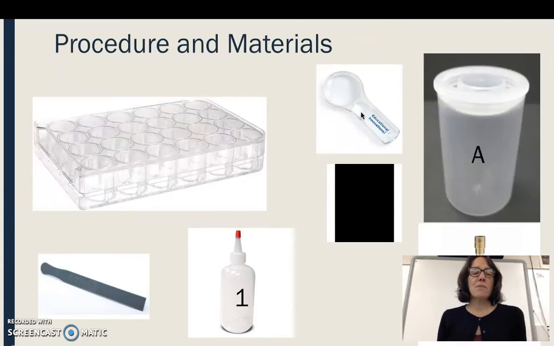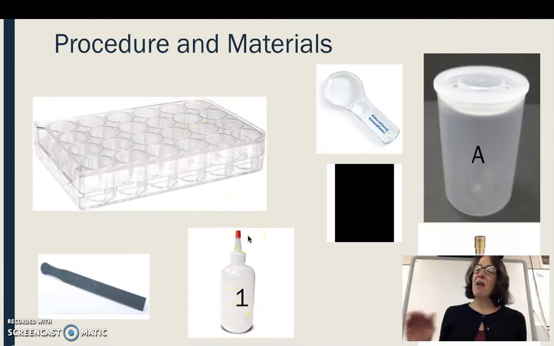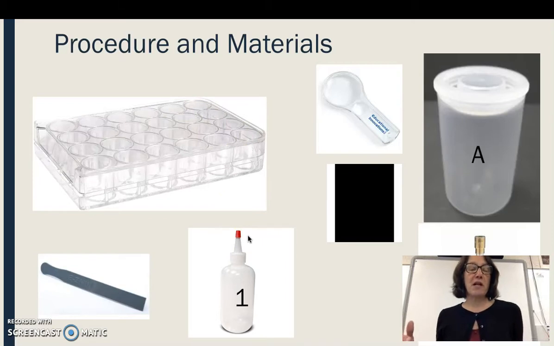Next, we're going to observe the chemical properties, and for this we're going to use a well plate. For example, using my little micro spatula again, I can take a small amount of powder A and put a little bit in each of the 4 wells, 1 through 4, and then I have 4 different liquids. Again, I don't care what that liquid is, we're just going to refer to them as liquids 1, 2, 3, and 4.